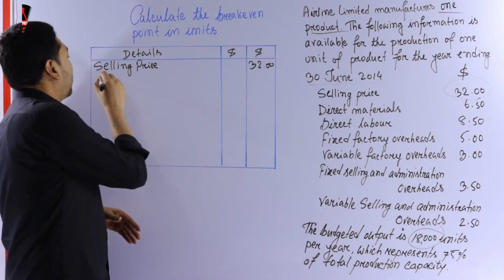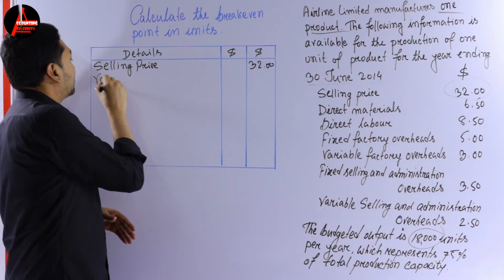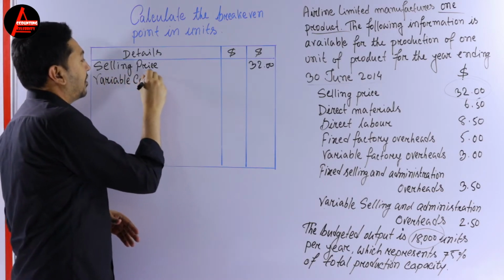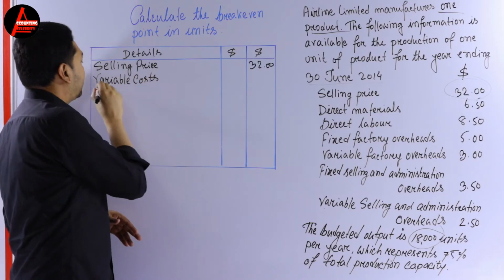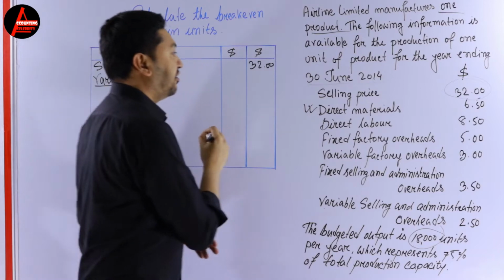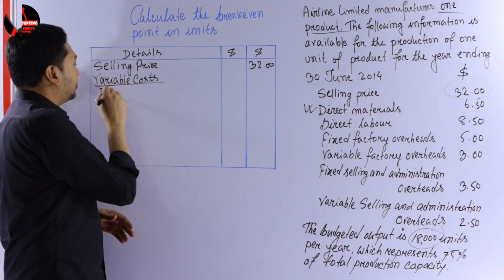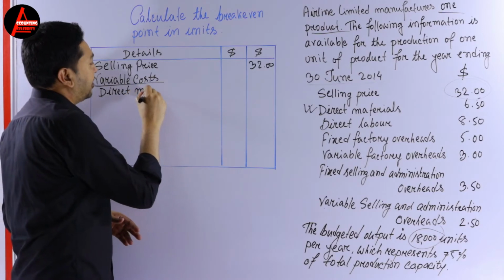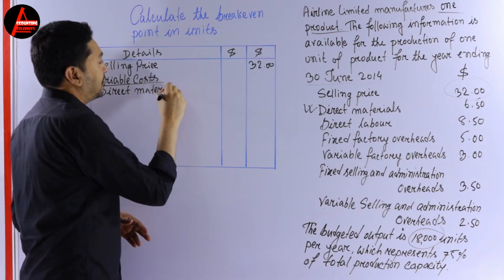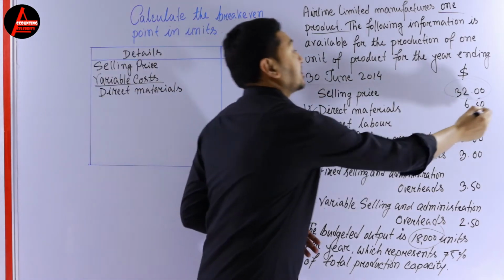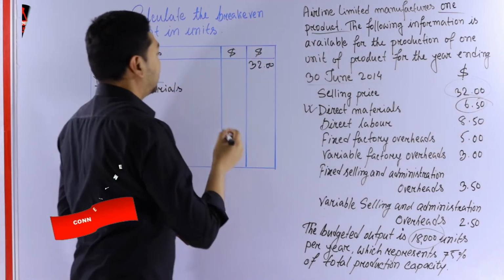So what is the variable cost? Variable cost. So what are the variable costs here? First of all, we have direct materials. What is the price here? $6.50.